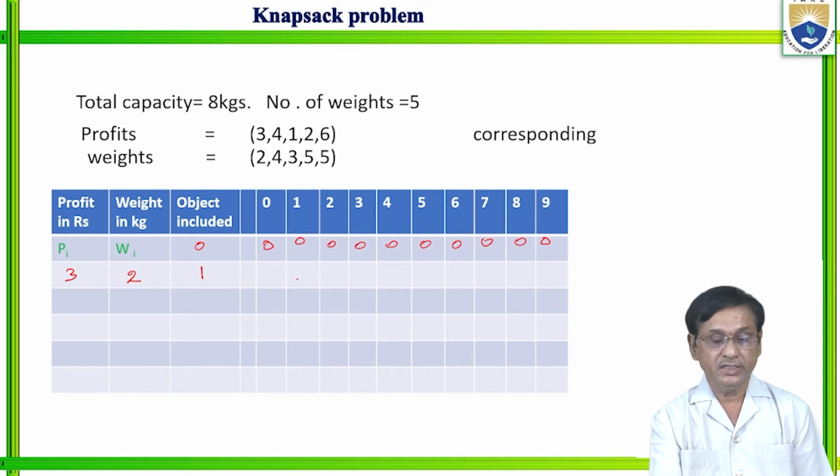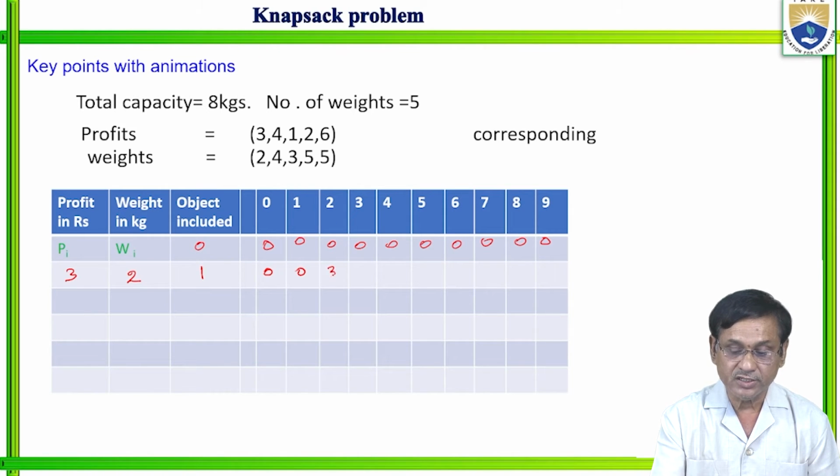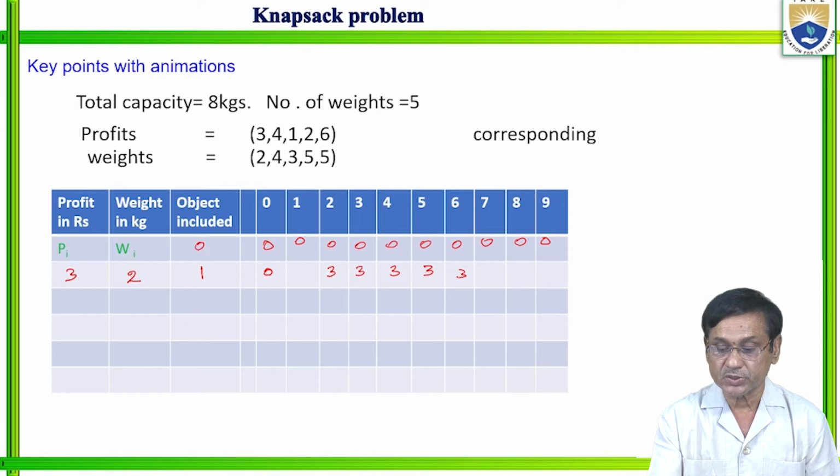When the weight is 0, the profit is 0. When the weight is 1, again 0. When the weight is 2, the profit is 3. Then when the weight is 3, the profit is 3 only. So you can fill up this row with 3.